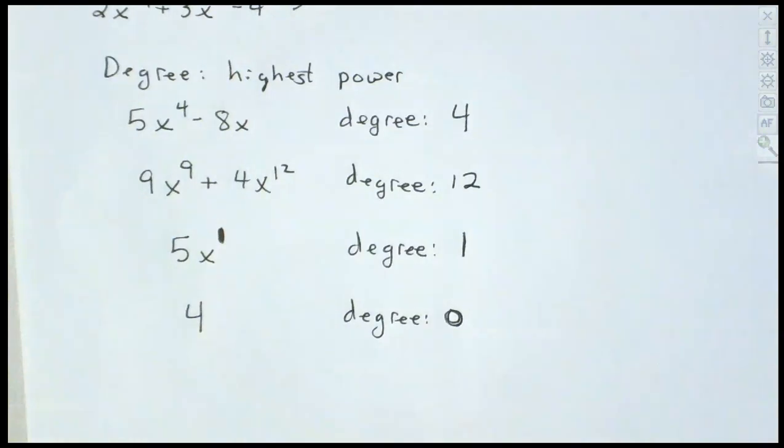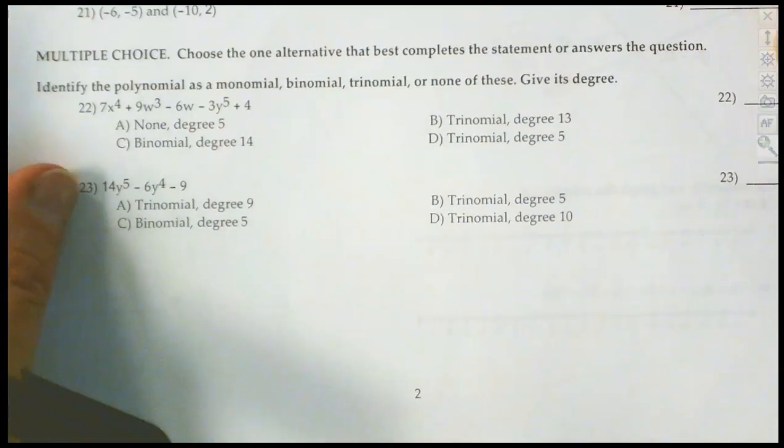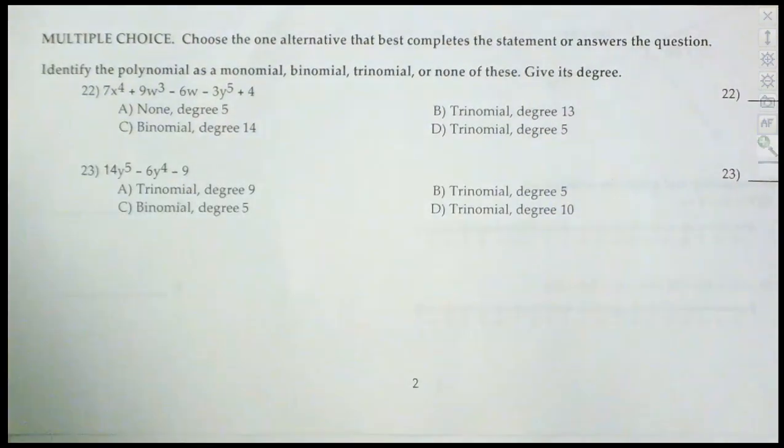So there are a couple of questions on your practice final that we're going to look at that talk about the degree and also the classification of these polynomials. So when I look here, use my copy so I'm not writing on the extra one. When I look here at questions 22 and 23, let's talk about those.